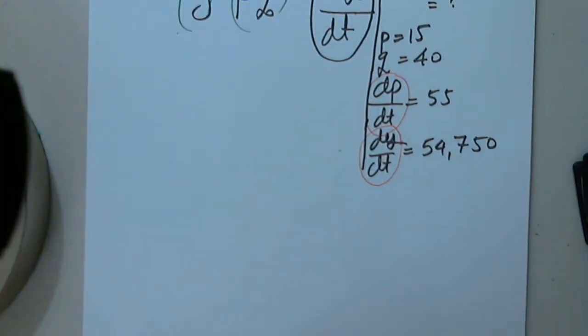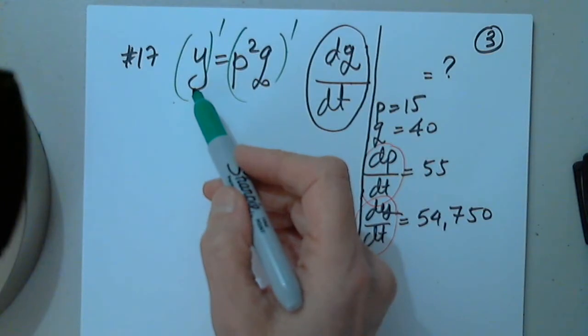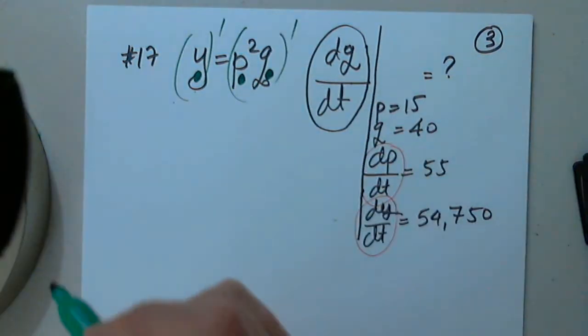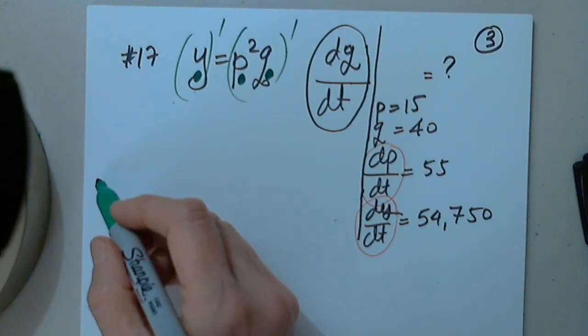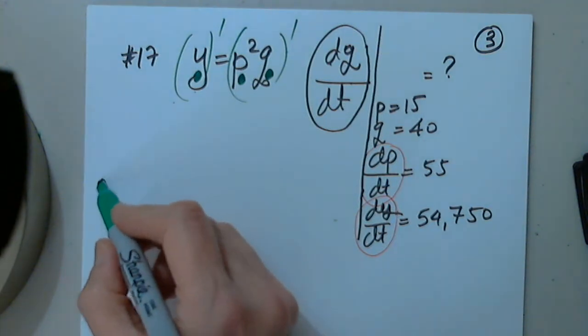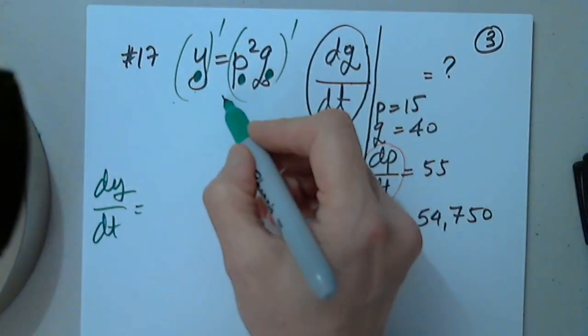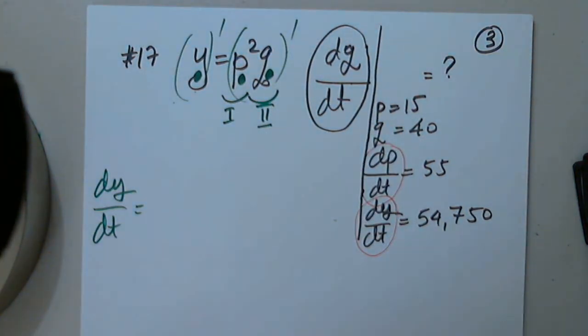When we differentiate the left-hand side, what do we get? It would be dy over dt. That's it. Now I have to be very careful. How do we differentiate this? Which formula or rule do we have to use?